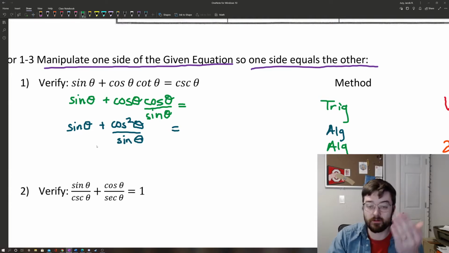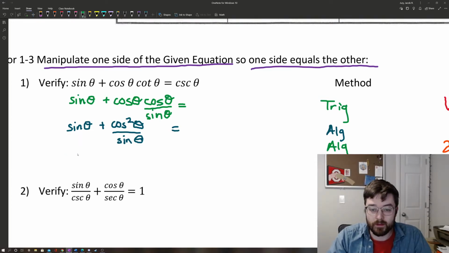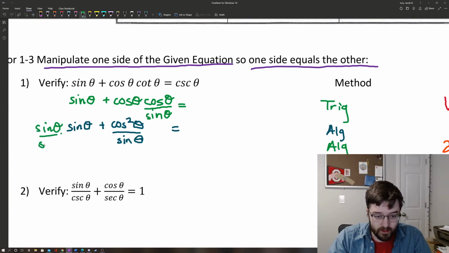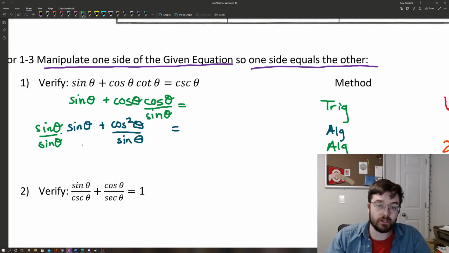So I'm actually going to do something with algebra for this third step, because I know that if I can just put a denominator on my left side, so if I introduce a sine of theta over a sine of theta to this sine of theta by itself, that's going to give me a common denominator so that I can add these two fractions together.